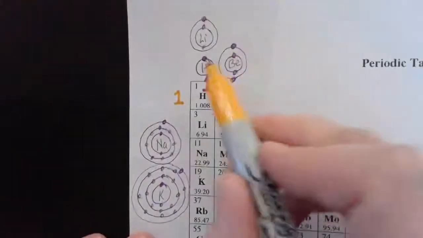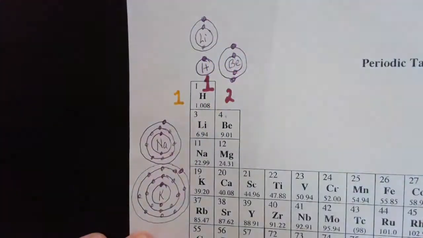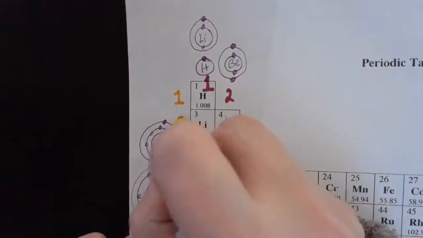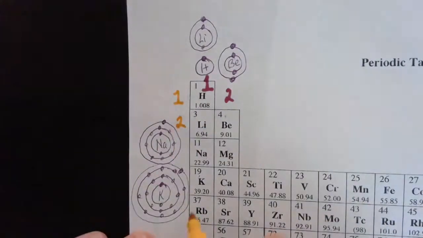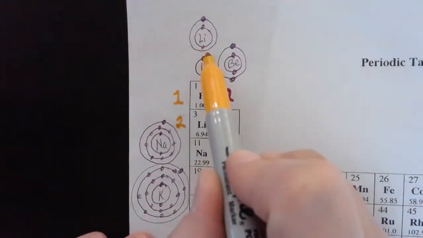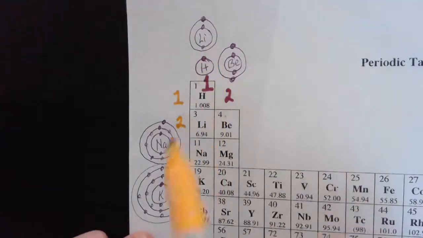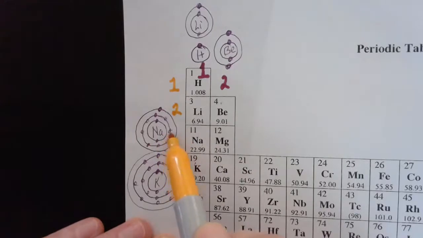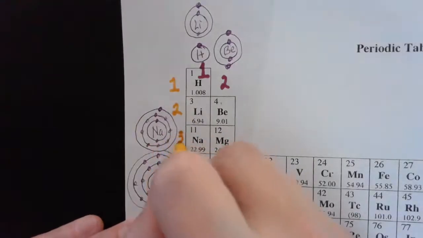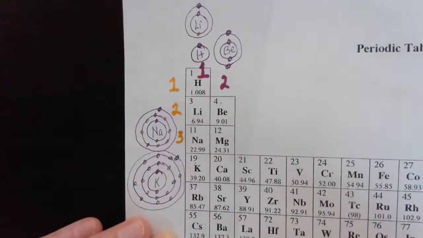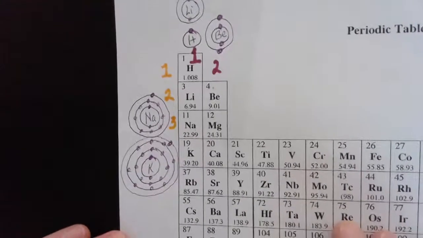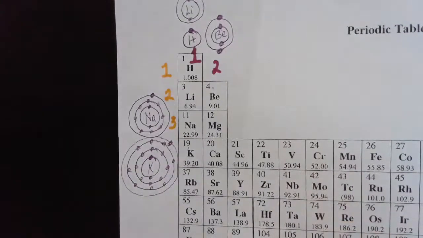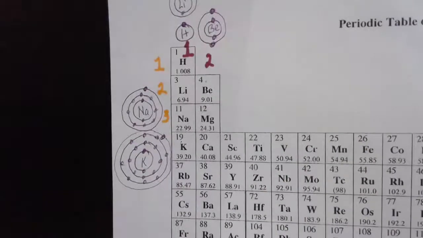How many orbitals does lithium have? Two. The ones inside we count now. Look at sodium: 1, 2, 3 orbitals.